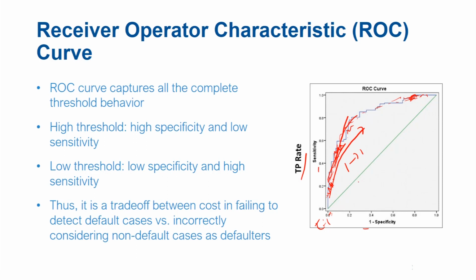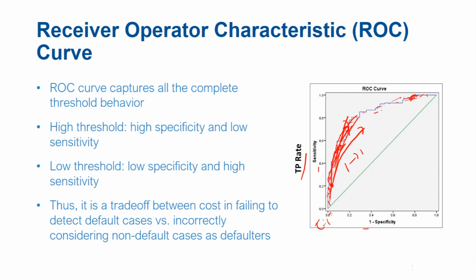At the same time, the fall in specificity here, because we are plotting 1 minus specificity, so the fall from 1 to these lower values is very small. So notice in this region my sensitivity gain is very high as I increase my threshold value, but my loss of specificity is very less.